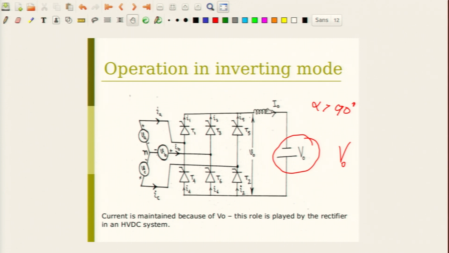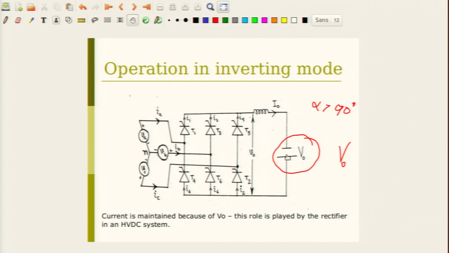And the current is still in the same direction, voltage is reversed. So, if alpha is greater than 90 degrees, you can get negative voltage, and have current still in the same direction, provided you have a source voltage in this direction. In fact, in an HVDC link, as we shall see shortly, this voltage is provided by the rectifier at the other end.